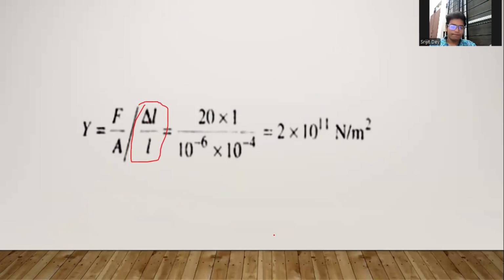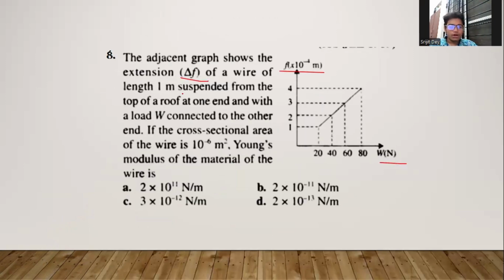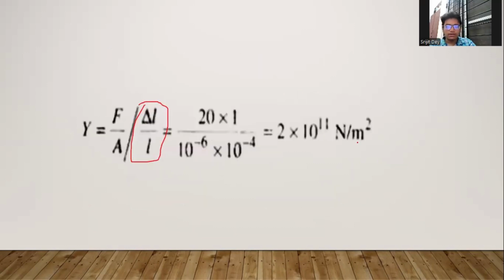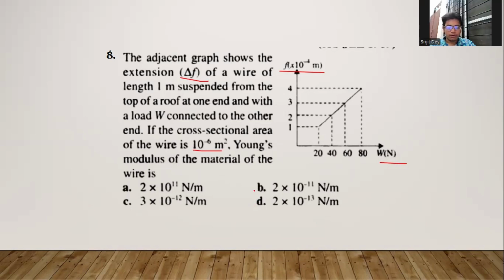So over here, you have also got your area, the cross-sectional area is also given. Okay. So now if you take any one point and take the change in length, from there you will get the answer to be 2 into 10 to the power 11. Okay. 2 into 10 to the power 11 is the value of your Young's modulus. It was a very straightforward question.